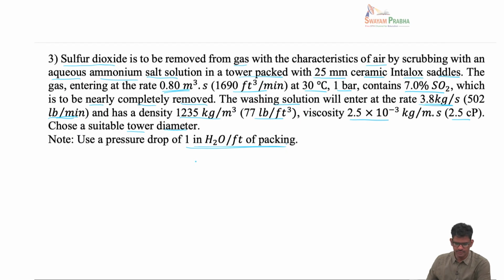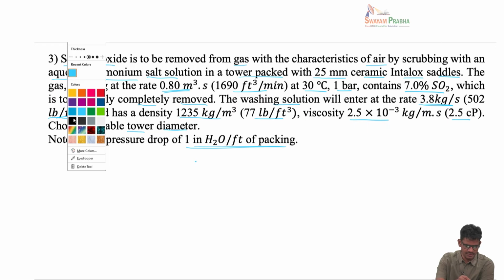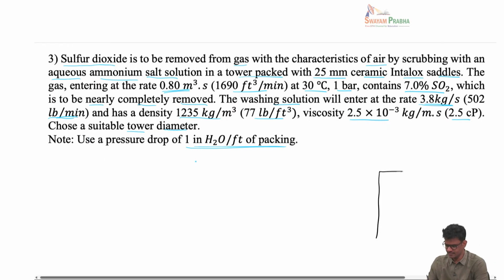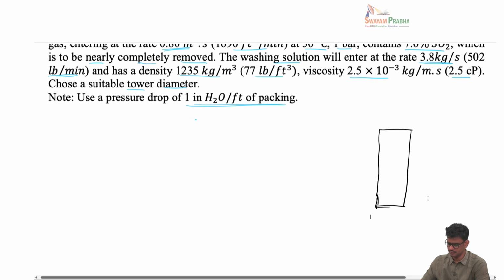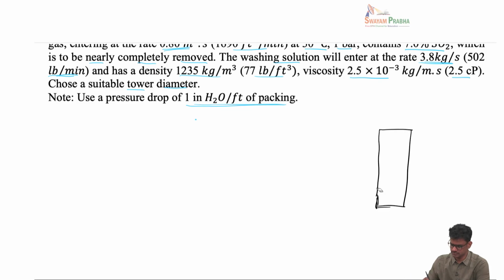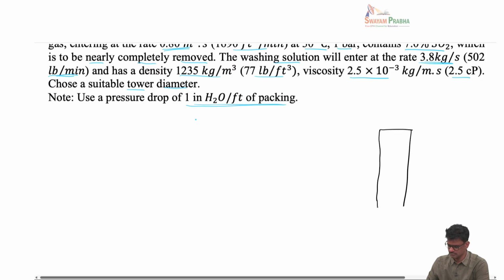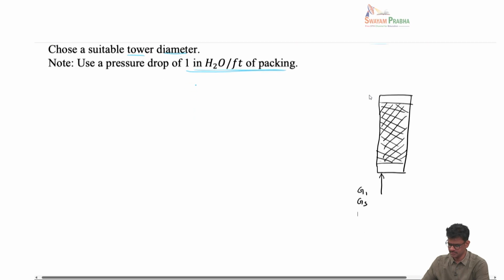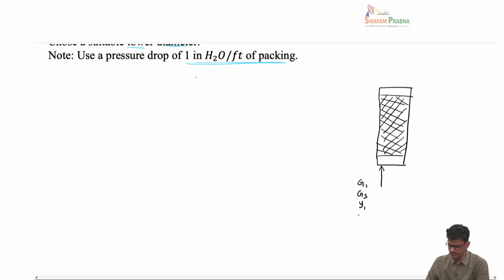So like before, we would like to sketch the details in a diagram. So we have a packed bed. Gas entering in, so this is G1, GS, Y1 and capital Y1.